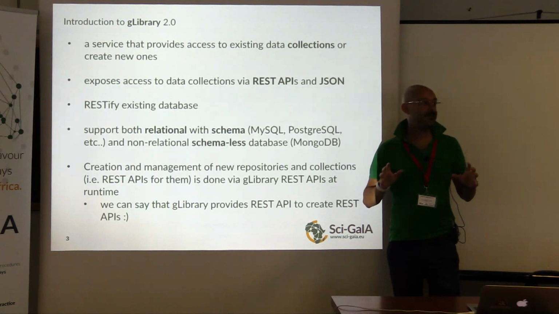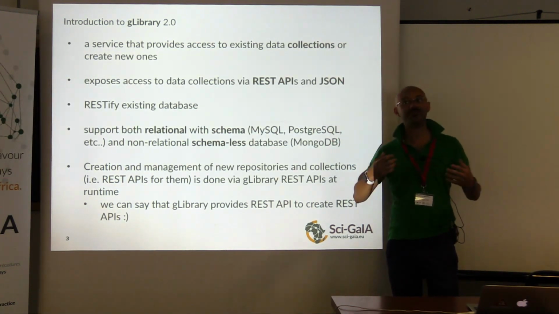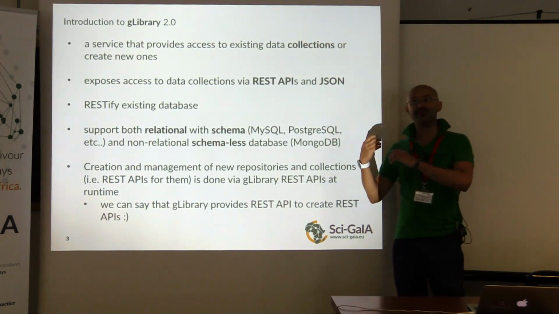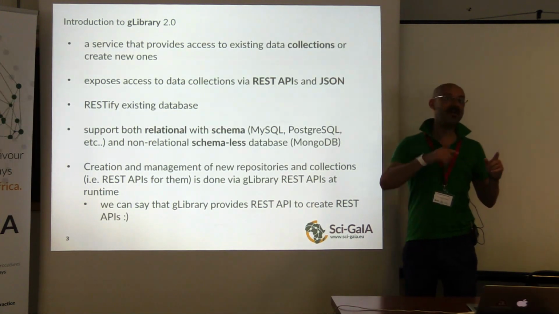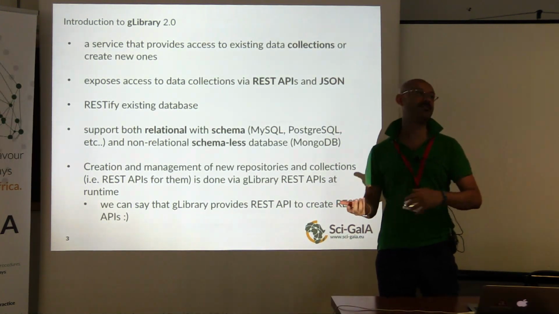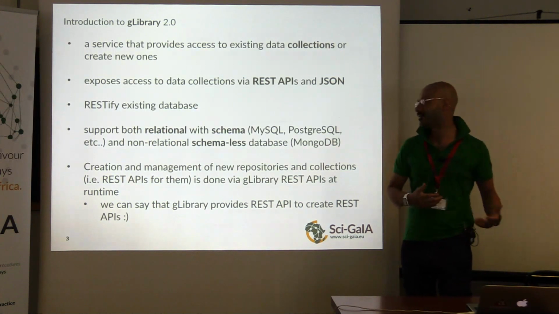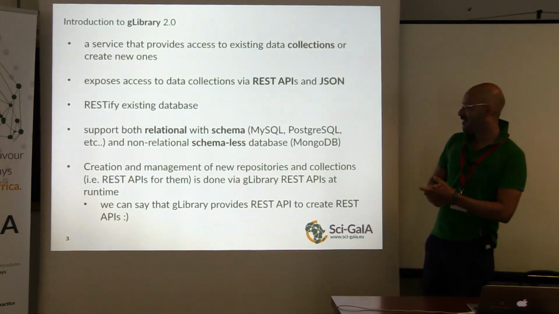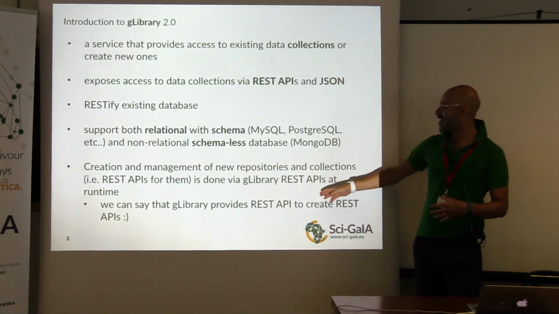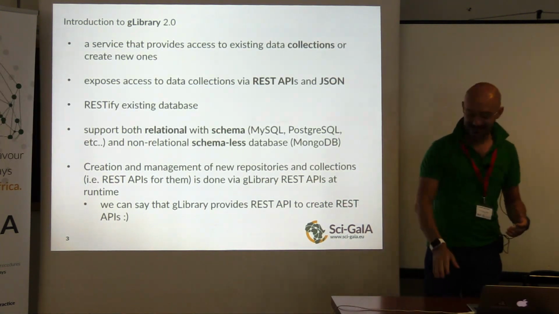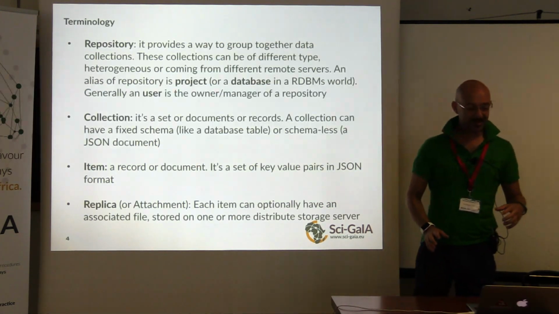GLibrary itself provides APIs to interact with the service. So you use the GLibrary REST API to create REST APIs over databases and datasets. So we say that GLibrary provides a REST API to create REST APIs. So that's what we say.